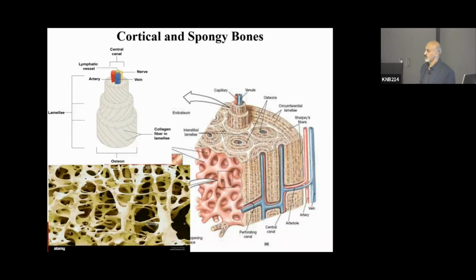As I've mentioned, the basic unit of cortical bone is called osteon, and we can have bone resorption and or formation on this surface, as well as on the trabeculae surfaces, on the surface of spongy bone trabeculae. In a sense, we can say that the interface between the solid phase and void in our bones is where medicine and engineering meet, because we have formation and resorption there.